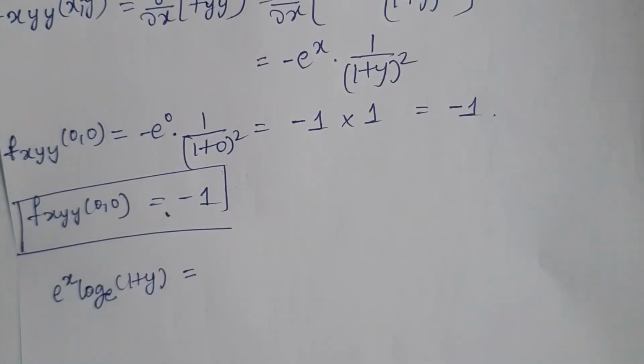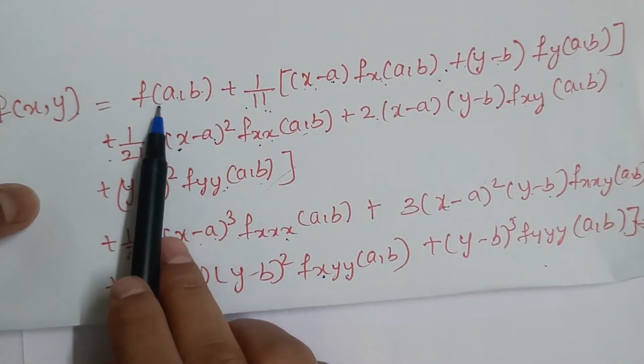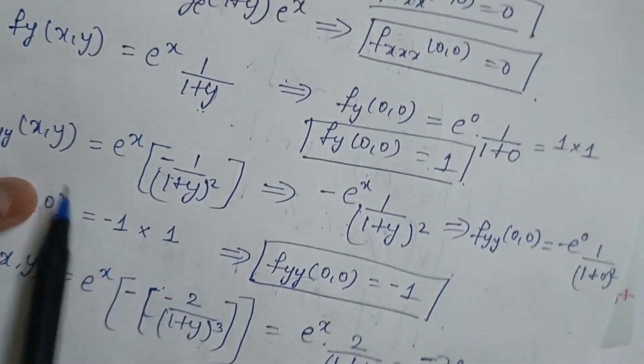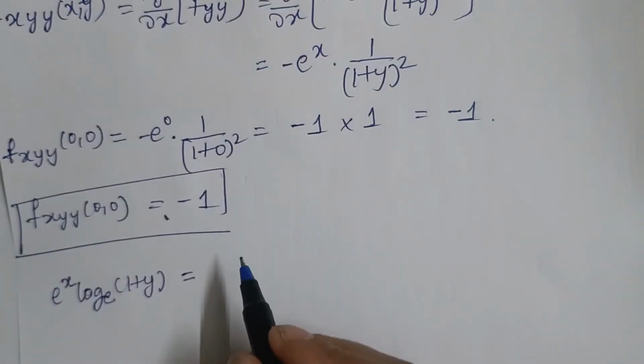just take this paper up so that you can see as well. While f of this is nothing but f of 0 comma 0, right? So f of 0 comma 0 is 0, so I'll write down 0.